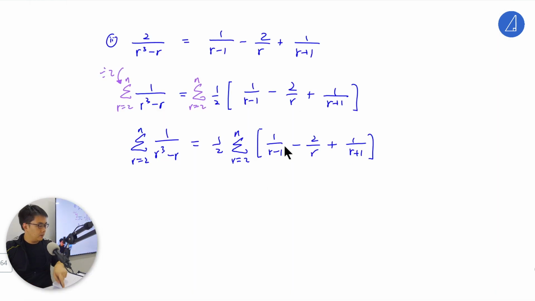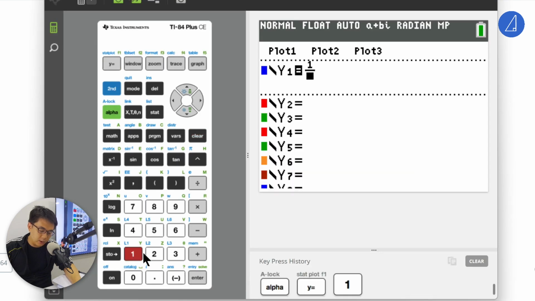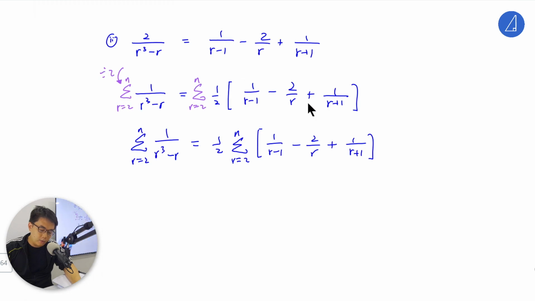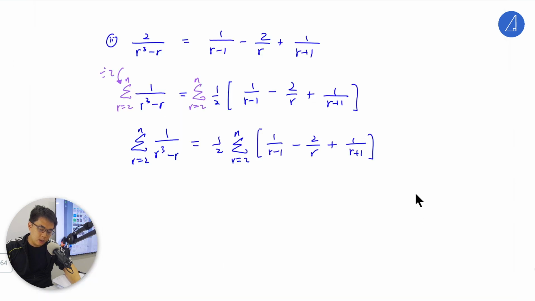Just recall, this is 1. It's not something you do not know how to do, it's just something maybe you will not think of. So this is x minus 1, and the second one will be negative 2 over x. Then the last one will be 1 over x plus 1.